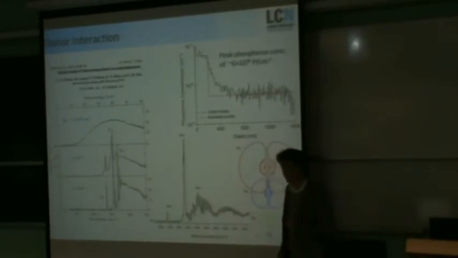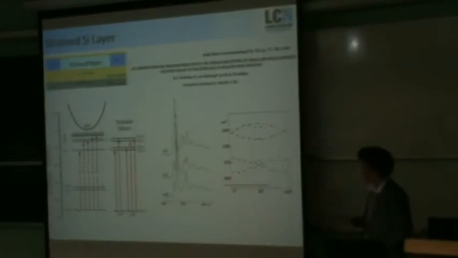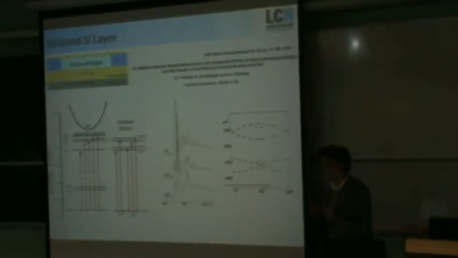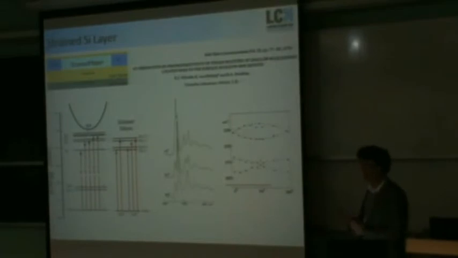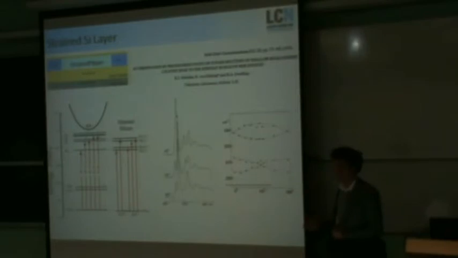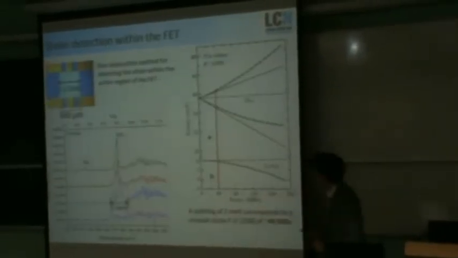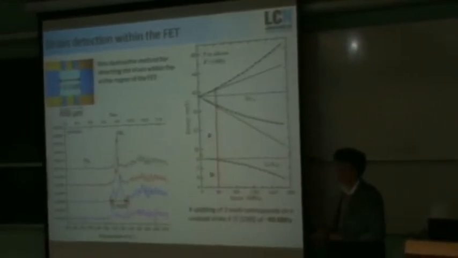This is part of the explanation, but a second explanation I've already hinted at is that strain within this layer will perturb the excited state spectrum. And obviously, the higher lying excited states are perturbed more than the lower lying states. But on the flip side, this makes quite a handy mechanism to observe the strain in the active region, the important region within our device.